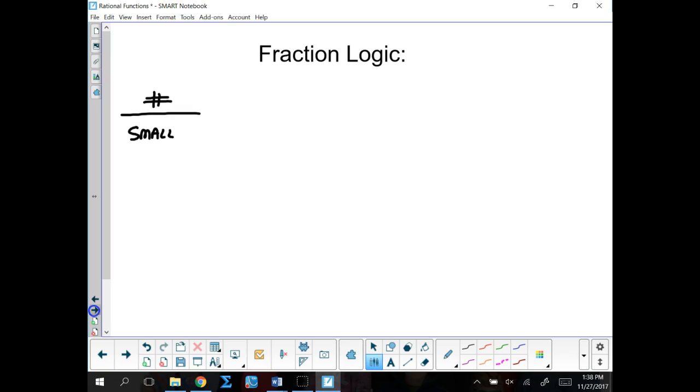Okay? If you have a calculator out, let's pick one. Let's do 1 divided by 0.1. Gives me 10. 1 divided by 0.01. 100. 1 divided by 0.0001. Should be 10,000, right? Okay?